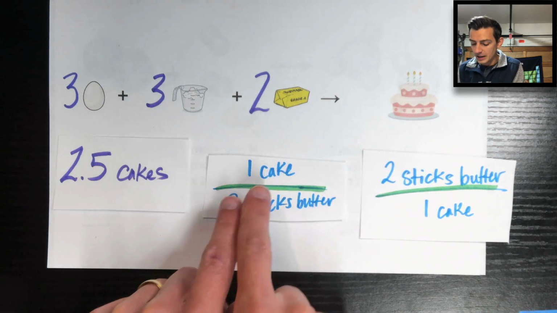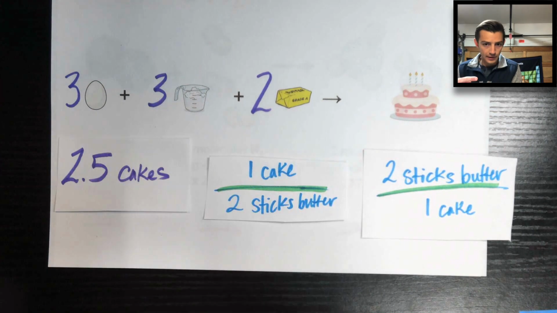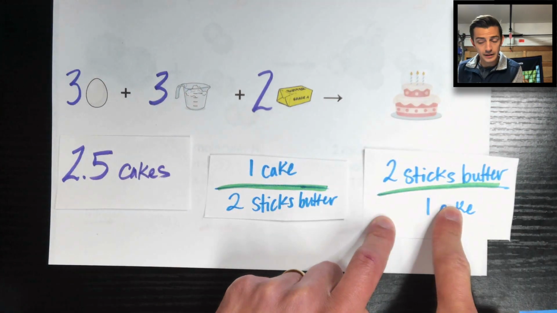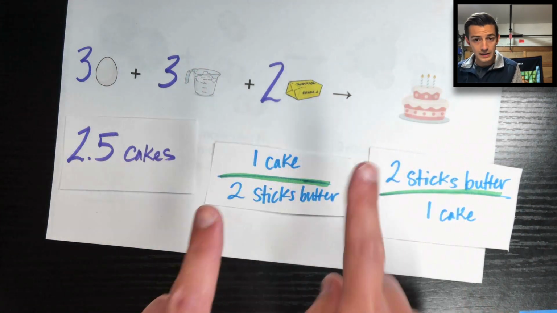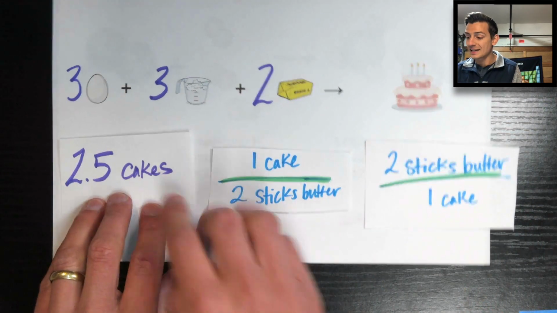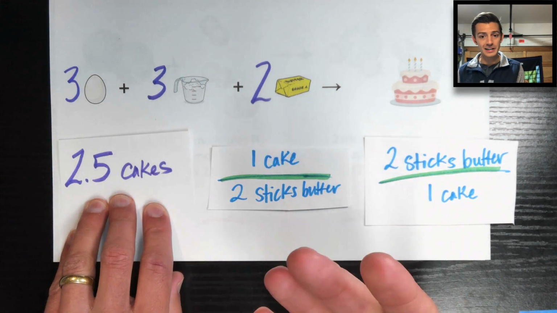And so in this case, I have 1 cake is equal to 2 sticks of butter, or flipped around, 2 sticks of butter per cake, right? Both of these two things are true. Now, I'm going to use one of these as a conversion factor to convert between cake units and butter units. And this is how I'll solve how much butter I need.